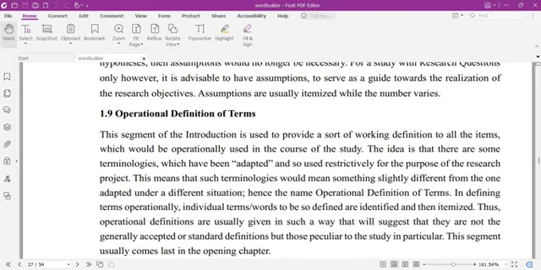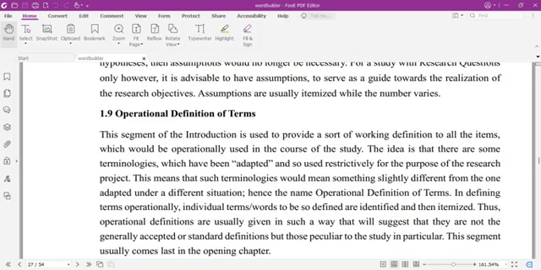This means that such terminologies would mean something slightly different from the one adapted under a different situation. So talking about that particular research you're working on, the terminology may be different from that in another situation. The same terminologies but kind of different meaning. So that is why you need to define those terms as regards your own work. Hence the name operational definition of terms.